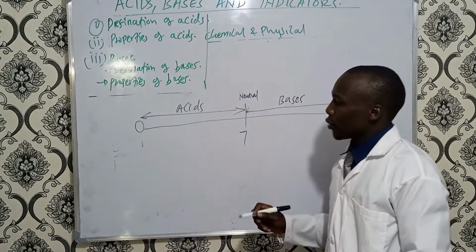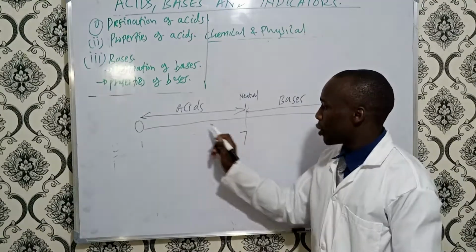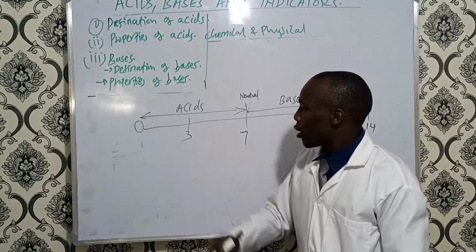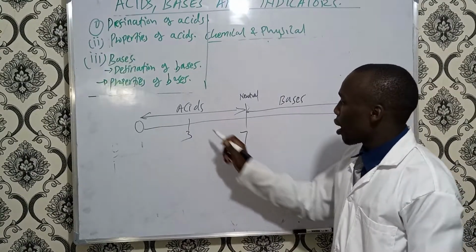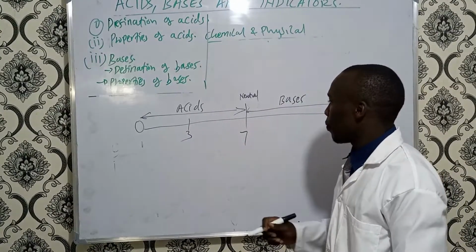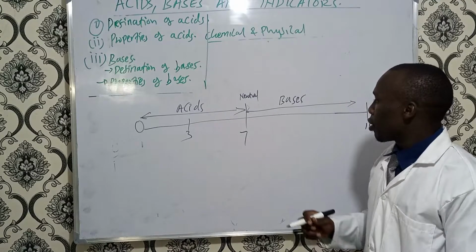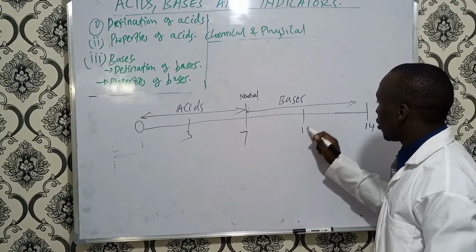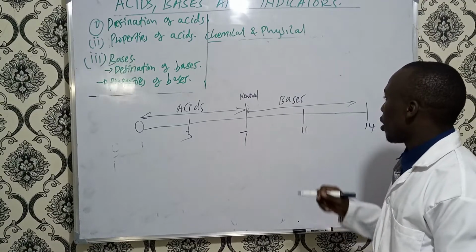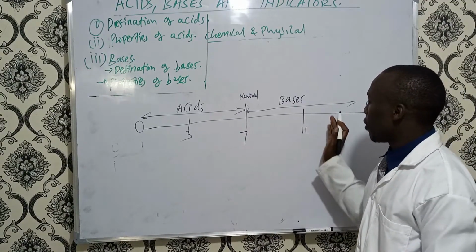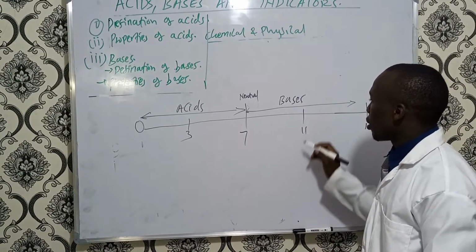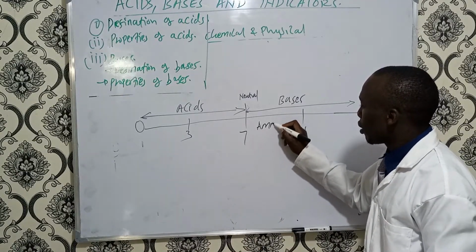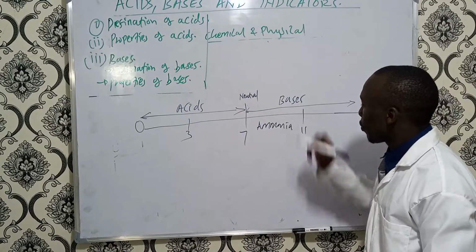So strong acids normally have a pH of less than 3, and weak acids normally have a pH more than 3. Strong bases normally have a pH of more than 11, while weak bases normally have a pH of less than 11. And we have the likes of ammonia. So ammonia is an example of a weak base.